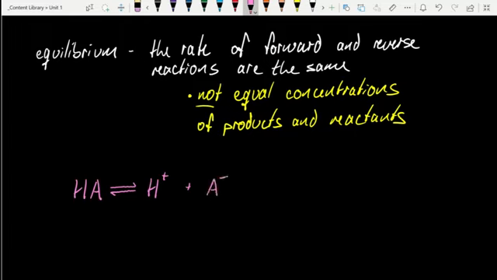We can define these. This is our weak acid. Of course, these are the donated protons. H plus, hydrogen is just a proton and electron, but this is ionized, it's lost its electron, and so what do I have left? I have a proton, and that's what we're actually measuring when we think about pH, the concentration of protons. And then, of course, A minus, what's left over after the dissociation of the weak acid.